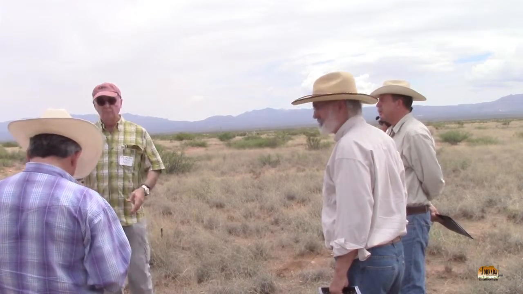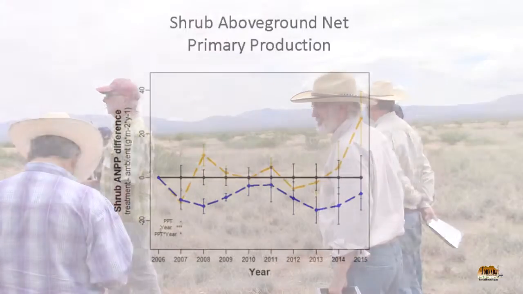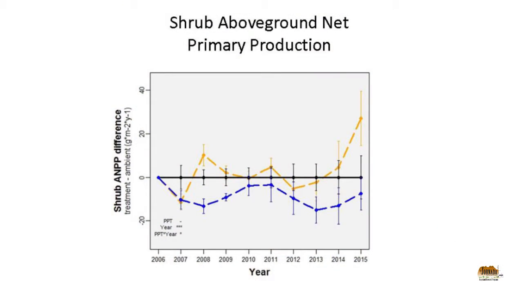Then I want to move you to the other graph to the right. Is the production of shrubs, and you see the same color patterns. So the first 10 years, there were no significant effects, and towards the end of the year 2015, we started seeing significant differences in a very strange pattern that I was forced to accept. That's what the data were showing us. The drought had a much higher shrub production than the control and higher than the irrigated.